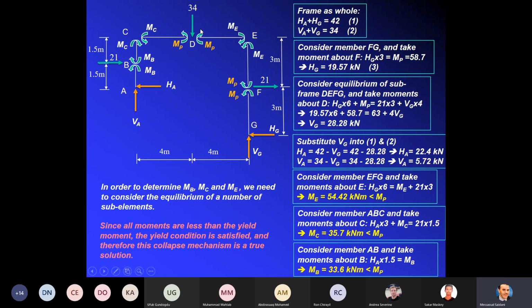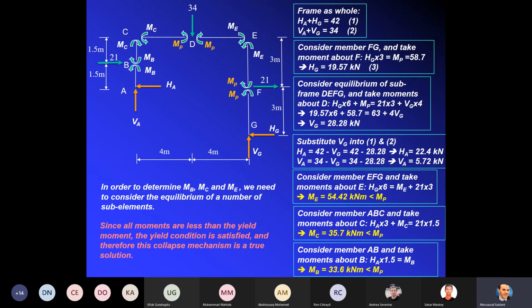So we have MP at D and F, less than MP at B, less than MP at C, less than MP at E, and therefore we can say with confidence that this mechanism is the actual true mechanism, and the solution obtained, 58.7 for MP, is the true solution.